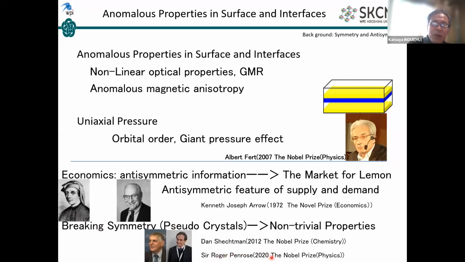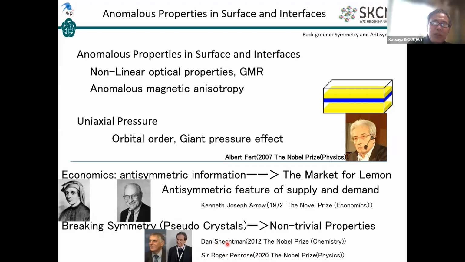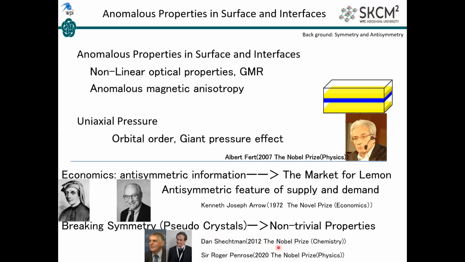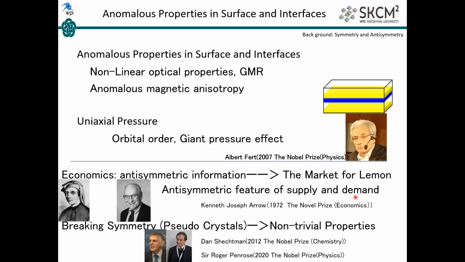He got a Nobel Prize recently. And Dan Shechtman found it experimentally in quasicrystals. He also got the Nobel Prize in Chemistry in 2011. But let's consider the crystal symmetry and this asymmetry.